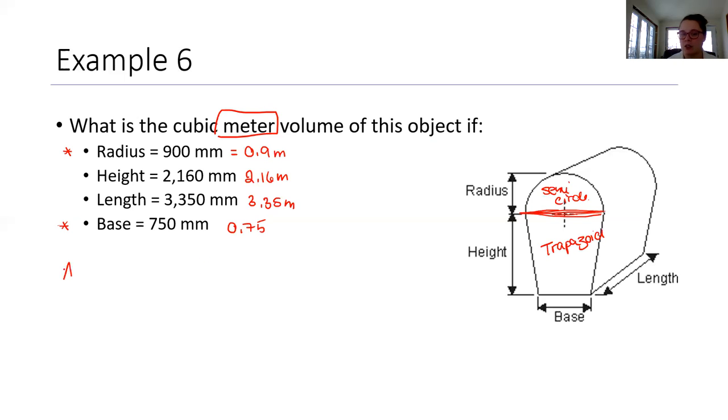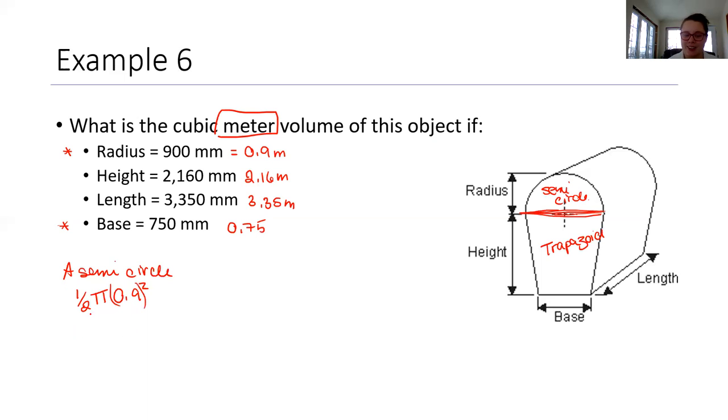So for the semicircle, because it's a semicircle the whole way through the top, it's trapezoid the whole way through the bottom. So what we'll figure out is the area of these two combined and multiply it by the length. The area of a semicircle is going to be half of the circle, so that's where the half comes from, times pi times the radius of 0.9 squared.